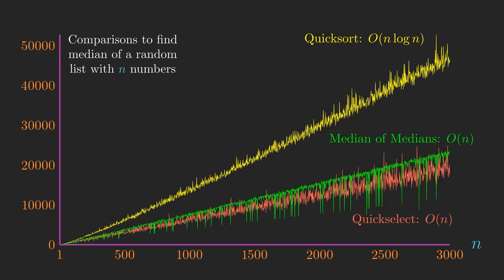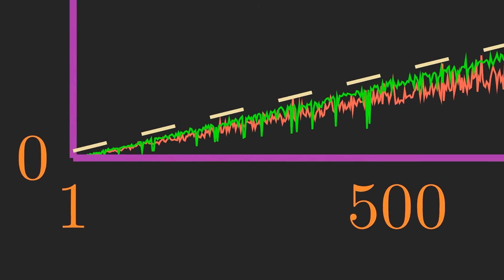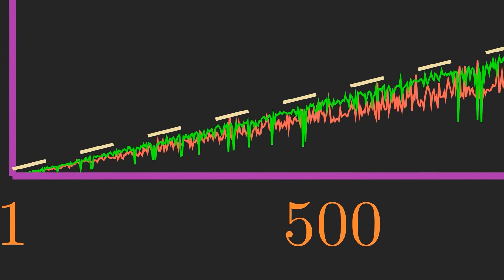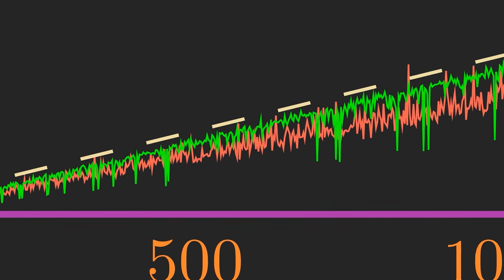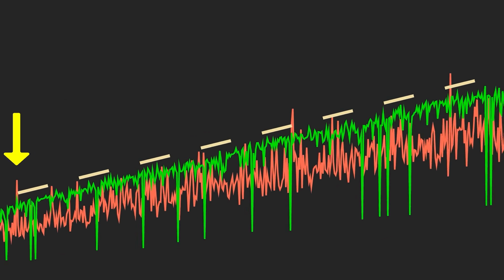You can see for both Quicksort and Quickselect that there's quite a bit of variance in the number of comparisons, and that's due to the randomness of how the pivots are chosen. But for median of medians, there's a completely straight line upper bound on the number of comparisons, because it's deterministic. And every now and then, you do actually see the number of comparisons for Quickselect jump above that line due to really unlucky pivot choices.